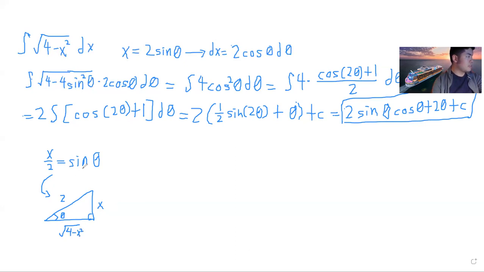Sine theta is x over 2. So cos theta would equal root 4 minus x squared over 2.